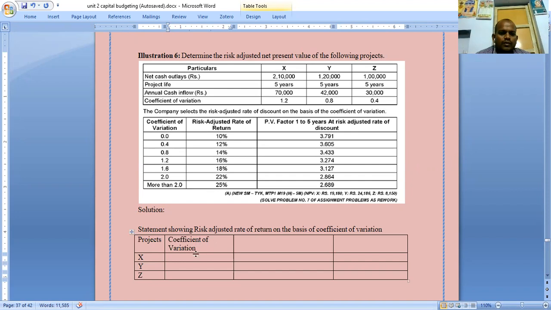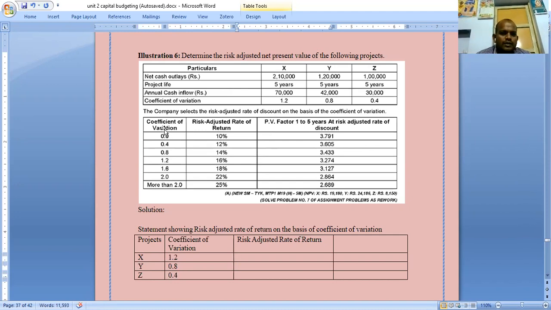For project X it is 1.2, for project Y 0.8, and project Z 0.4. So next, the risk-adjusted rate of return.